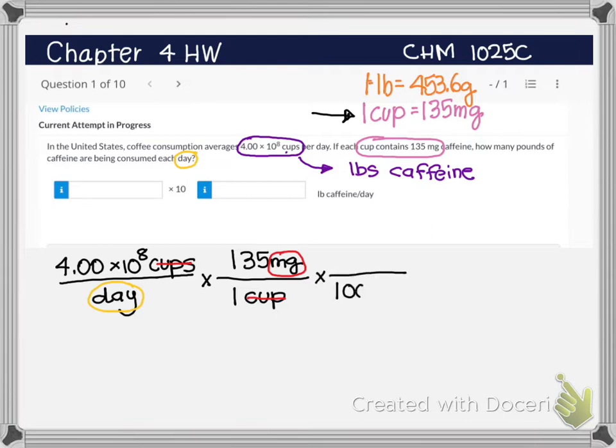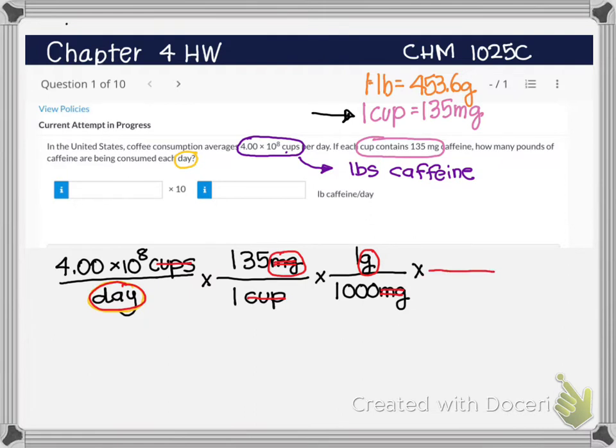So I can get to pounds through grams, but currently I have milligrams. So I'm going to use what I know about the relationships between milligrams and grams. And that's going to cancel now. So milligrams are going to cancel, and now I would have grams per day because I'm not changing that. Now, finally, one more step. So this is going to take 3 steps.